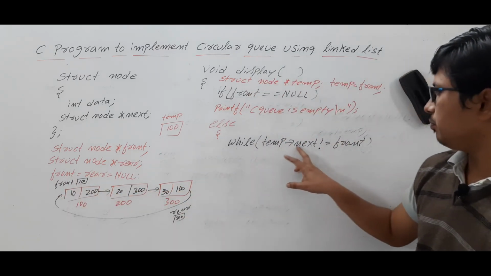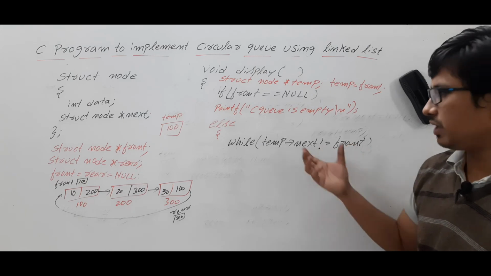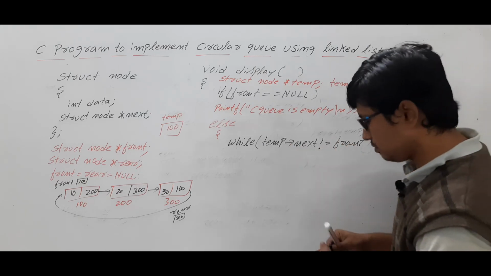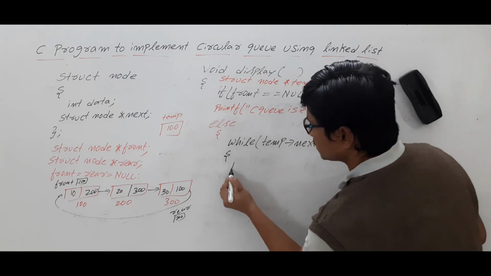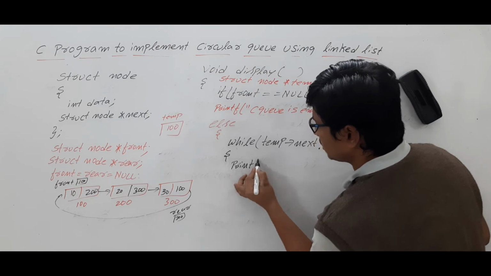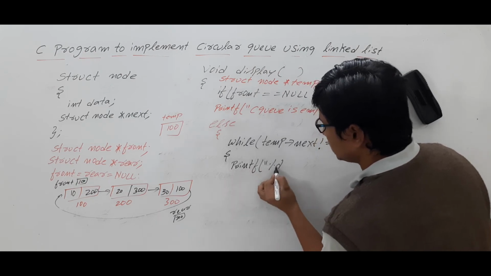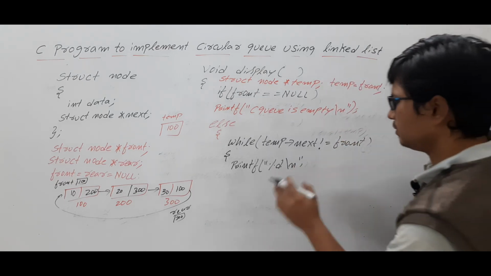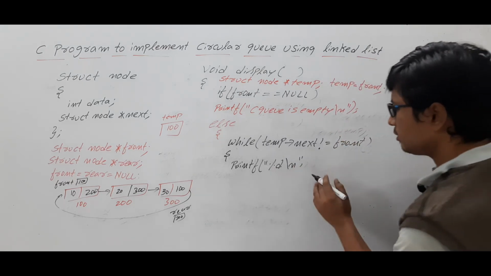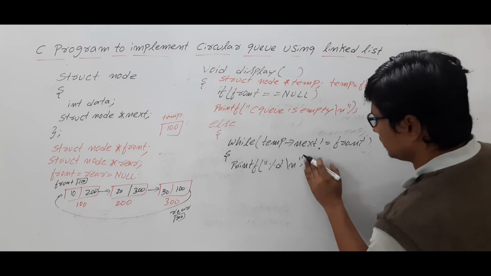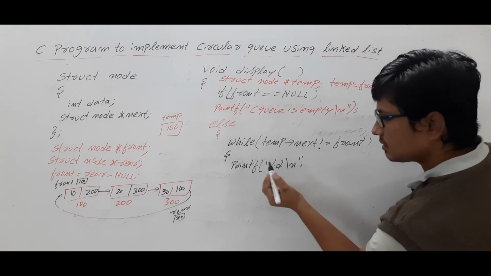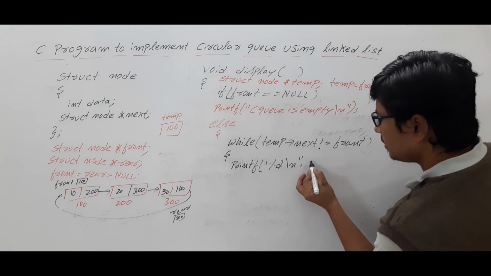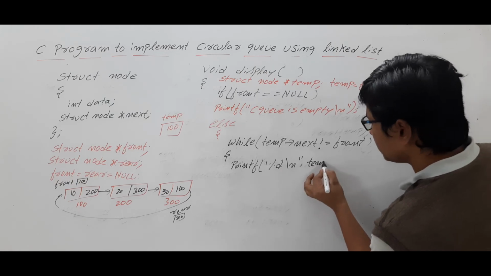So whenever temp of next is equal to front, I need to stop. So I need to print the elements. printf("%d \n"), you can write the elements or whatever you want. printf("%d \n", temp of data.